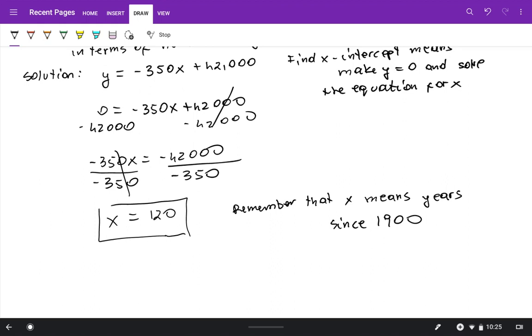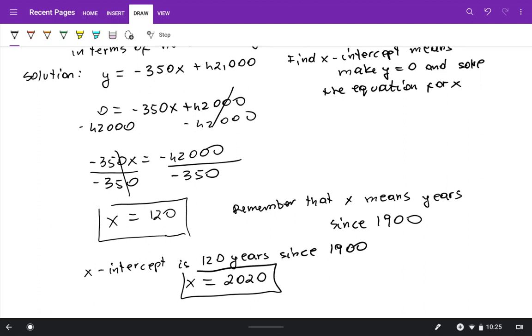Okay, so when you have that x equal 120, that means the real x-intercept is 120 years since 1900, which means x is equal to 2020. So we are in year 2020.